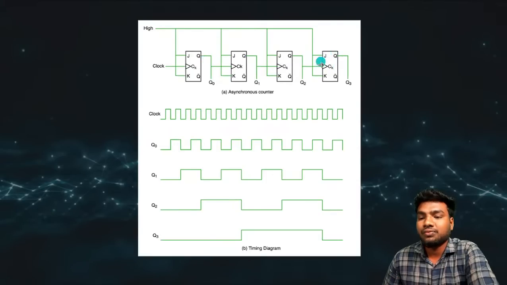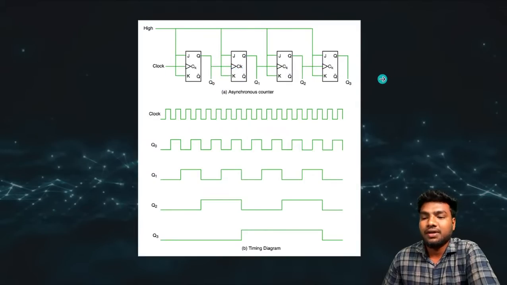And if you want output from this last flip-flop, you have to wait for these three flip-flops to compute, and only then it will give output. So there is a delay, a time taken to give output. So it is a very slow counting operation if you are using the asynchronous clock. It's also like a ripple clock, like a ripple carry adder.